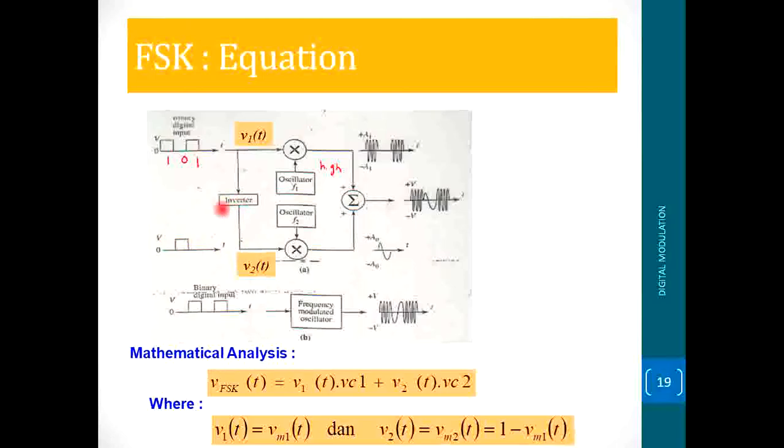So we invert this, and we have 0 1 0 multiplied by the signal from oscillator F2. So we have the low frequency, this is the high frequency, and then the summation of these two gives us the FSK here. Okay, for the V1, V1 is actually the VM from the input.